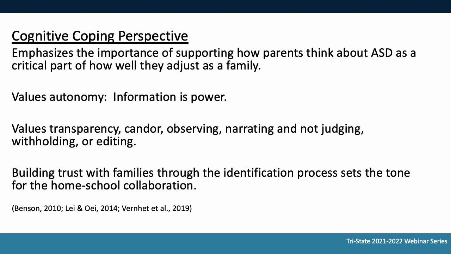In a cognitive coping perspective, there's a strong value then for family autonomy, that they're the decision makers and professionals are the ones to provide our expertise and information, but families get to make the decisions about their children. A cognitive coping perspective also values transparency, where the professional takes on the role of observing, narrating, but not judging, not withholding information, and not editing things out.